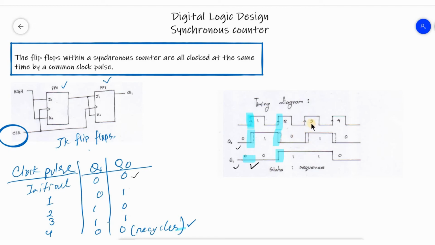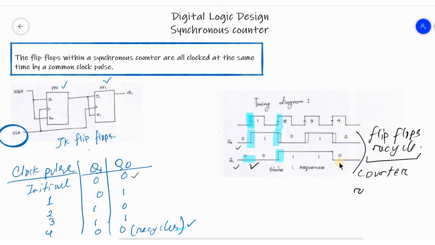Coming to the third clock pulse, both Q0 and Q1 are having high value or 1, and at the final clock pulse, both Q1 and Q0 are low or 0, and at this position, the flip-flops recycle, or it can be said that the counter recycles at this position.